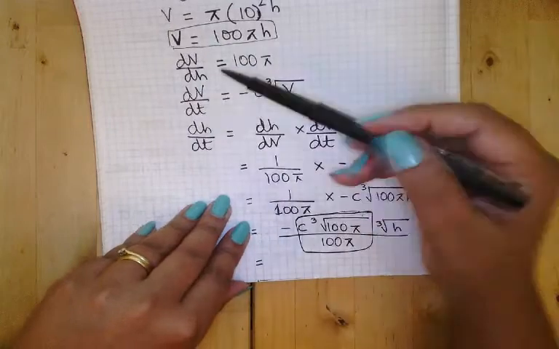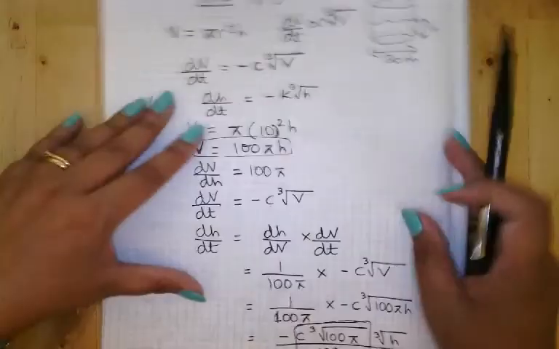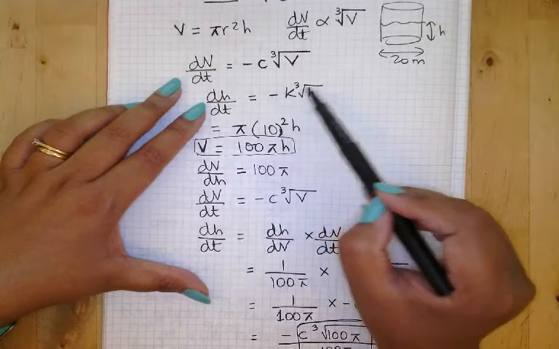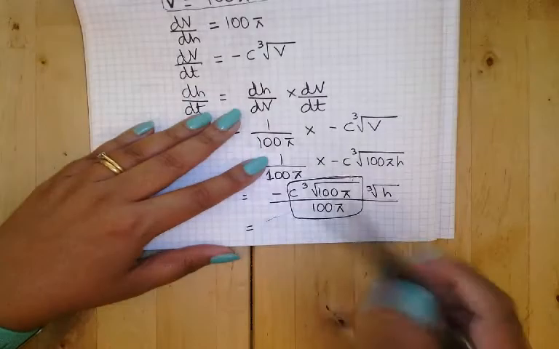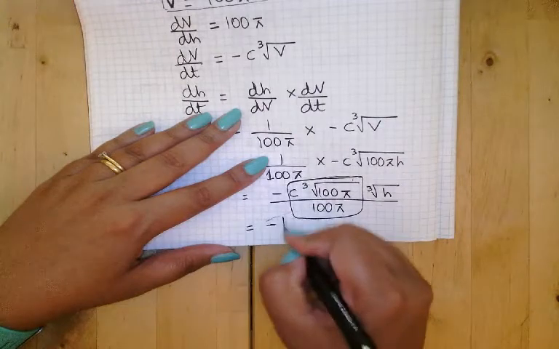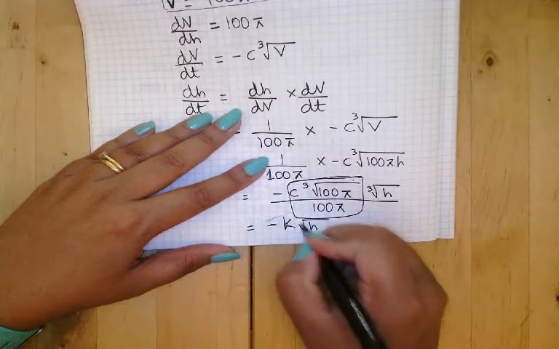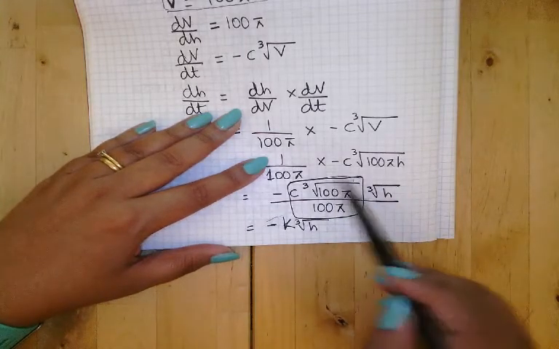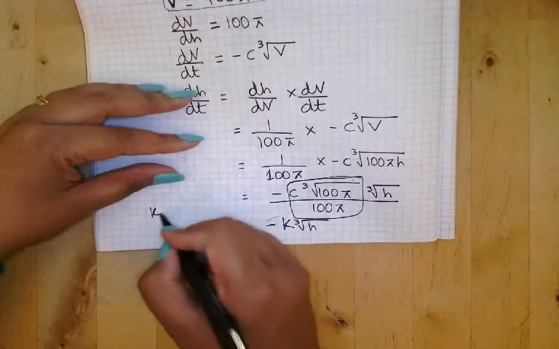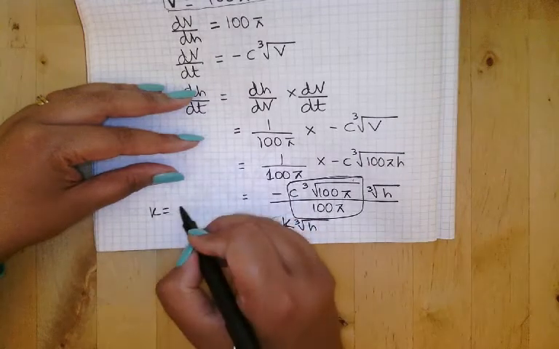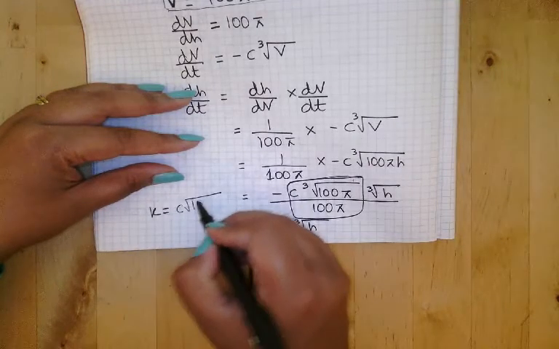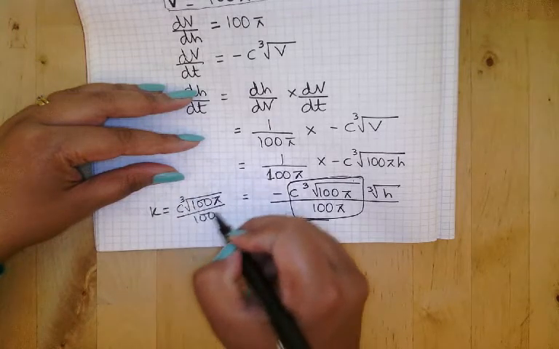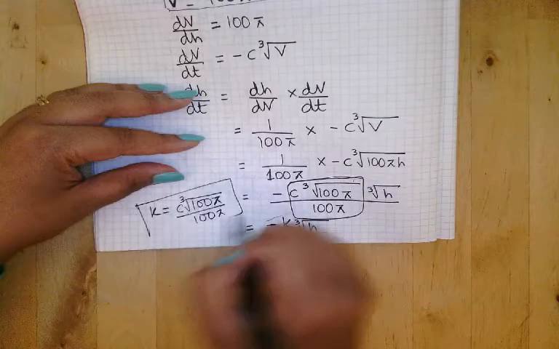Okay, and that's what they're asking us to show, that dh by dt is minus some constant cube root of h, and actually we've shown that. So this is minus k cube root of h, where k is all of this. So I'm going to write that explicitly. K is equal to C cube root of 100 pi over 100 pi.